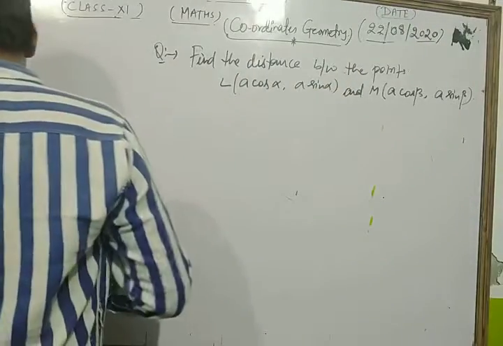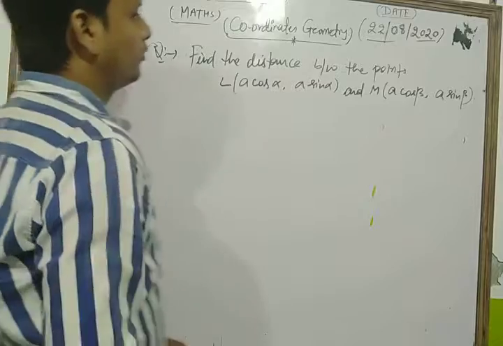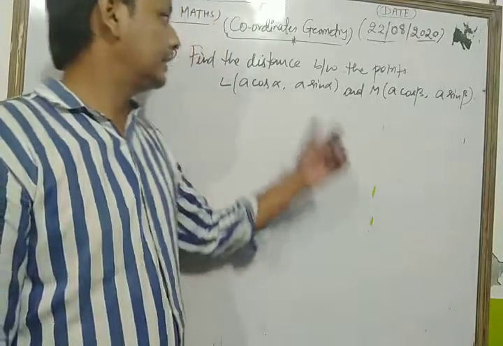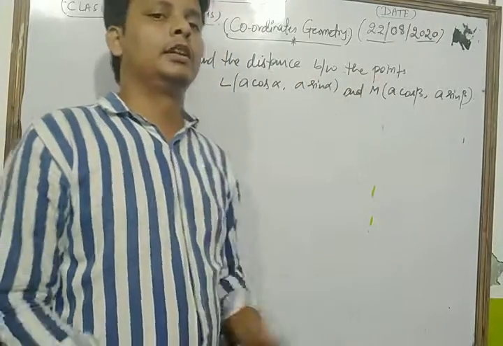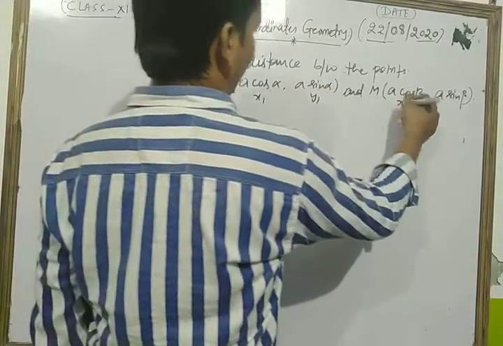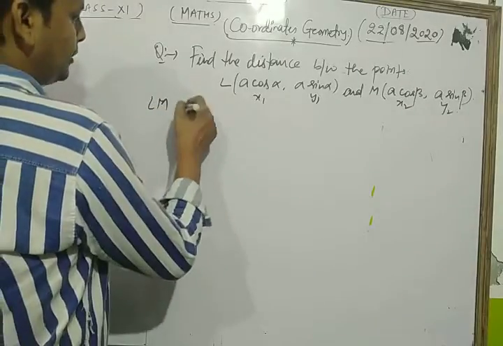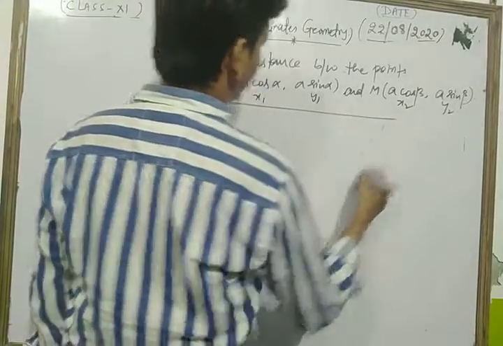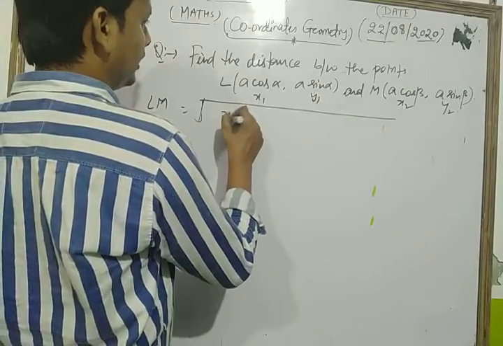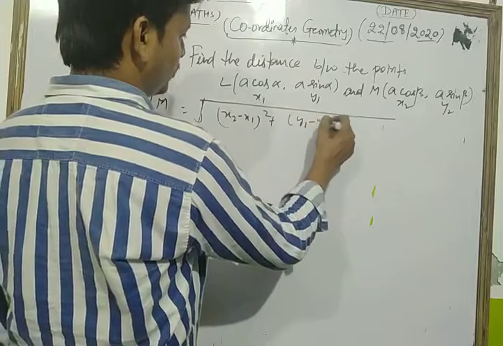Okay, this is the question here. Dear student, here we find the distance between the points. First, we take them as (x1, y1) and (x2, y2). Then the distance between them, LM, is equal to, you know the formula, the square root of (x2 minus x1) whole square plus (y2 minus y1) whole square.